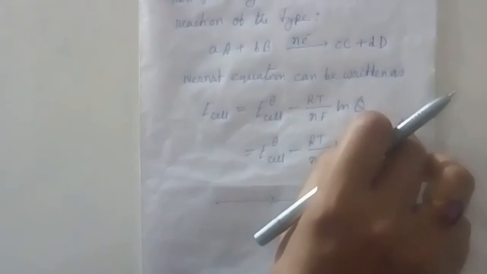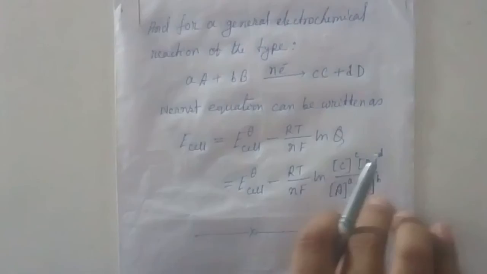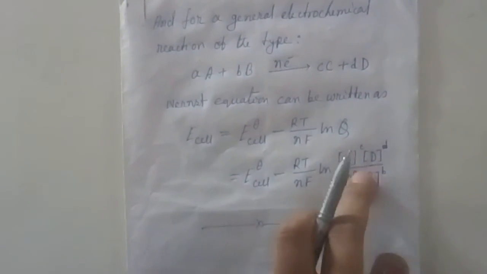That means the reaction quotient Q is equal to the ratio of the product of the concentrations of the products raised to their stoichiometric coefficients as a power, by the product of the concentrations of the reactants raised to their stoichiometric coefficients as a power.